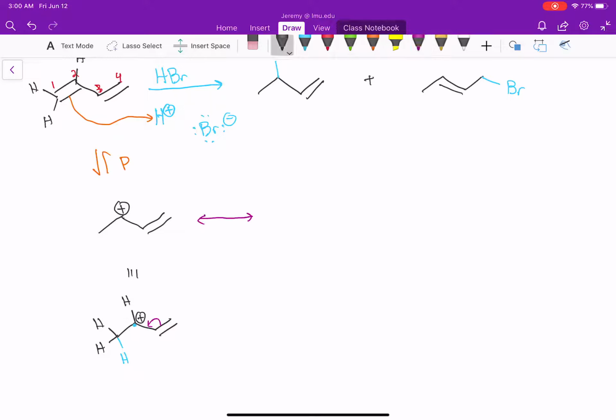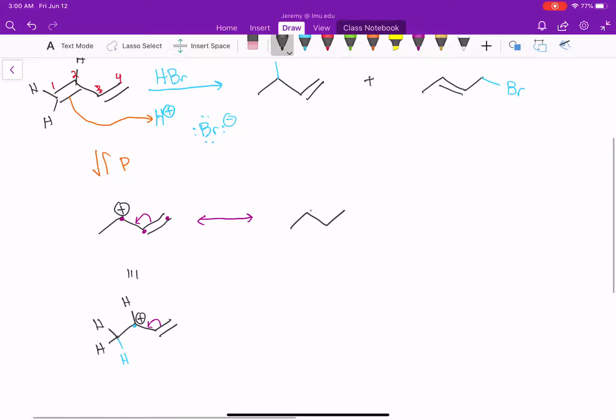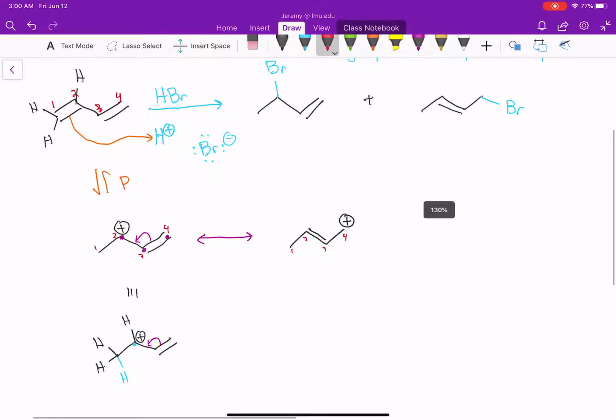I can move this double bond between 3 and 4 here, in purple, that's our conjugated system. So we can form a double bond here, which means we now have a positive charge on carbon 4. Just important to keep track of our carbons: 1, 2, 3, 4, 1, 2, 3, 4, and now I have a carbocation at 4.